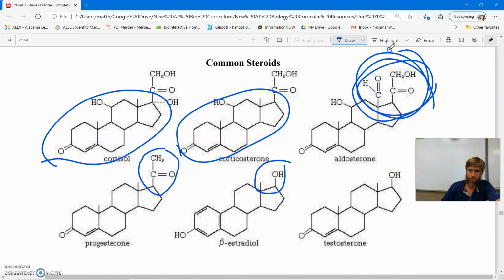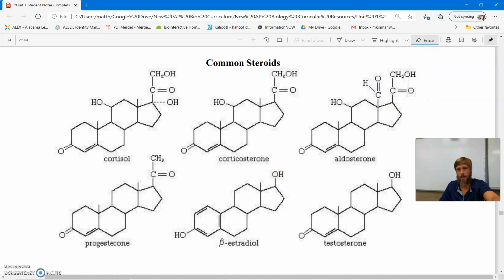For example, cortisol, this first hormone here, you may know cortisol as the stress hormone. So whenever you get stressed out, maybe you're taking an FRQ in AP Biology, or you see the lesson plan, and there's 7,000 assignments for 1 week, your body may start to produce cortisol in response to stress.